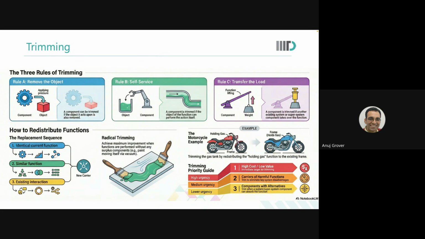And we looked at the example of that paint filling system. So during the trimming process, where did we transfer the function to? We transferred the function of controlling the switch to the tank.